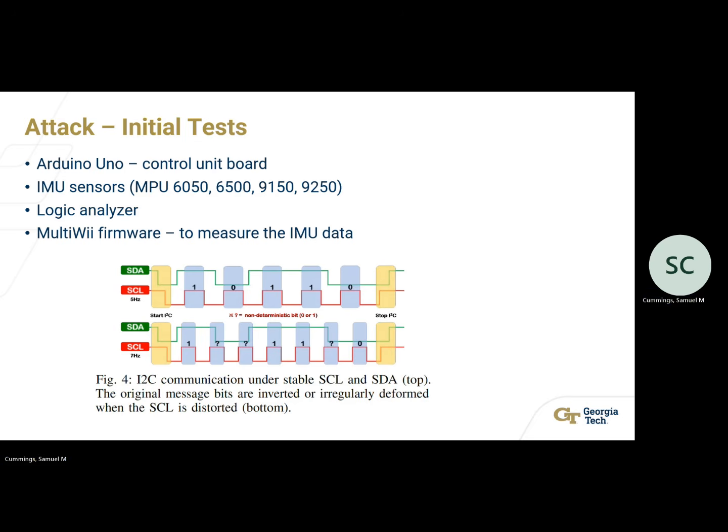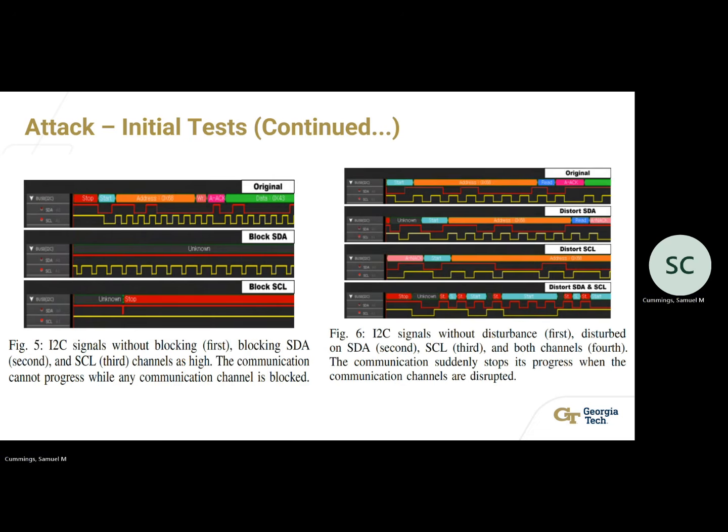And so going from here, they continued on to not just increasing from 5 to 7 hertz. The researchers tried blocking the I2C signals to see what would happen. And the results are shown in the figure on the left. You can see that blocking the signal also affects the communication.